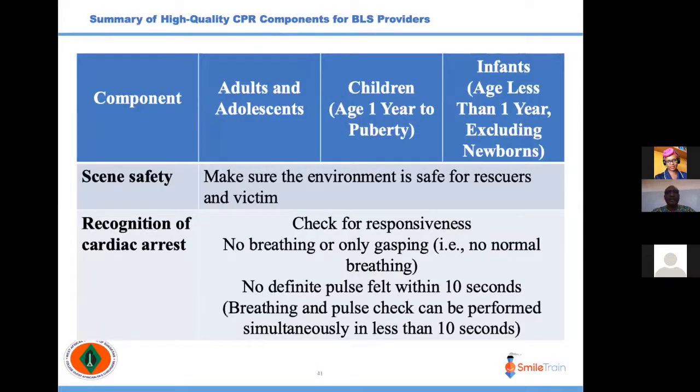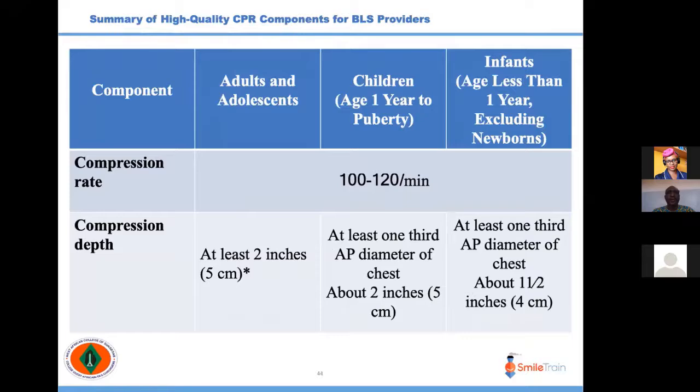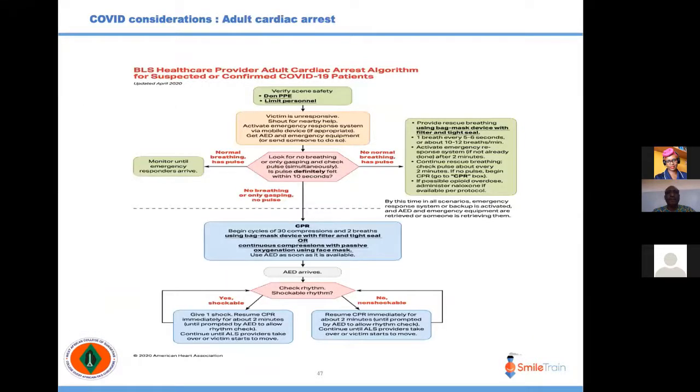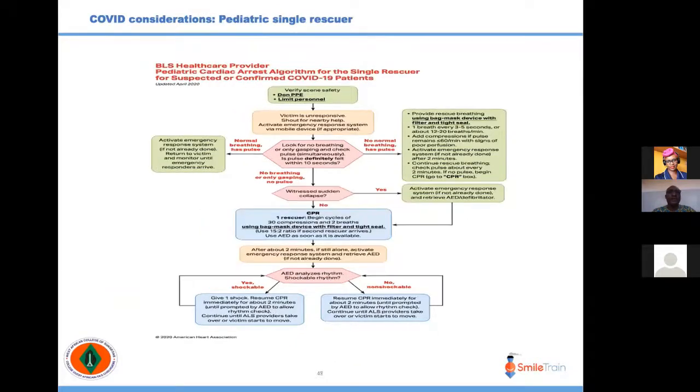So I think the rest is just the algorithms, and maybe the important thing in the COVID era is the inclusion of protection, PPEs, and protecting yourself, especially in ventilation.